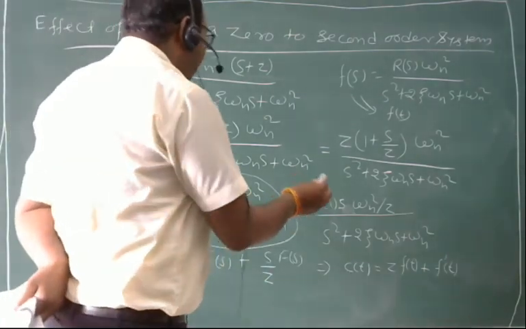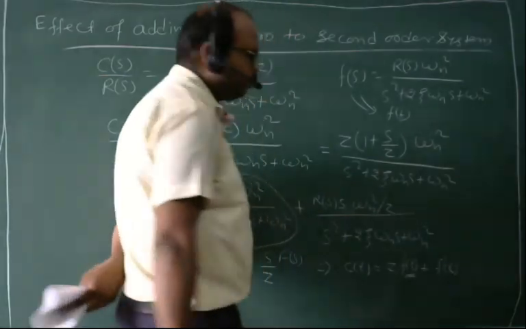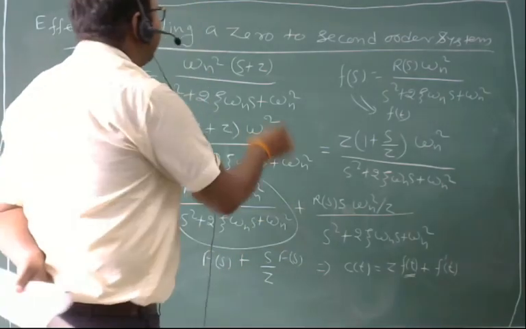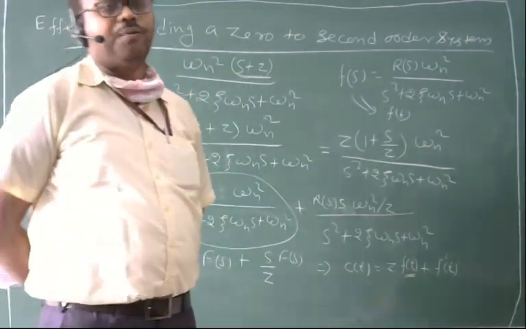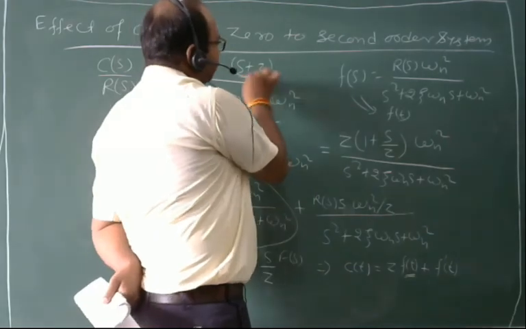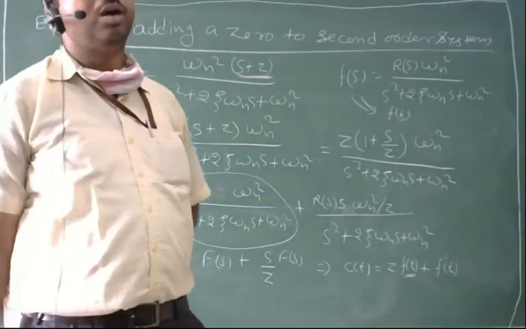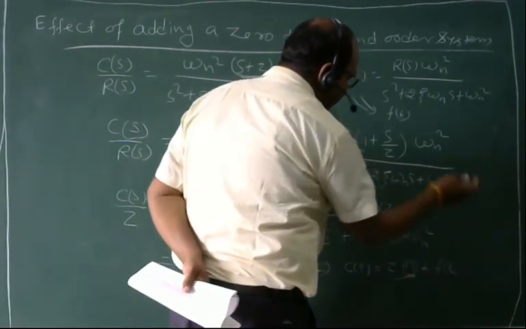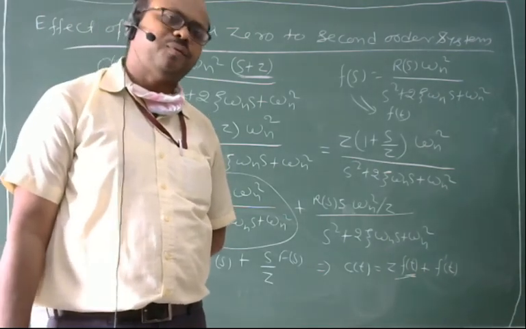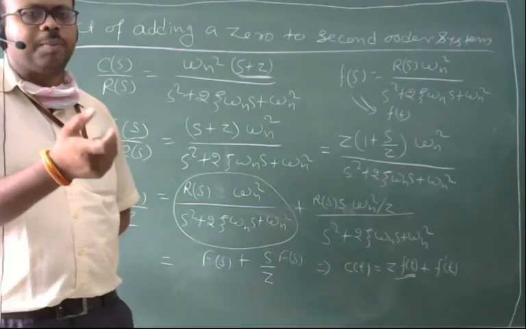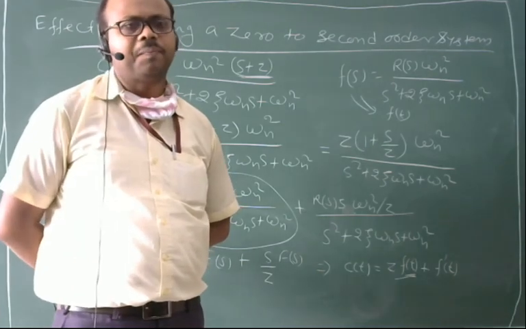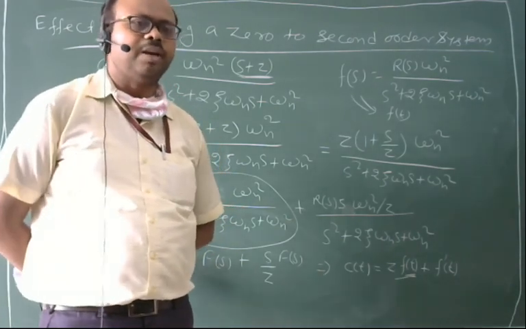Where f(t) is the response of the second order system without adding this 0, and after adding this 0 I am having the response z f(t) plus f dash t, right? मतलब रेस्पॉन्स में आपका एक और पार्ट ऐड होगा, जो प्रीवियस रेस्पॉन्स था उसका फर्स्ट डेरिवेटिव ऐड हो जाएगा और आपका न्यू रेस्पॉन्स मिल जाएगा, राइट?